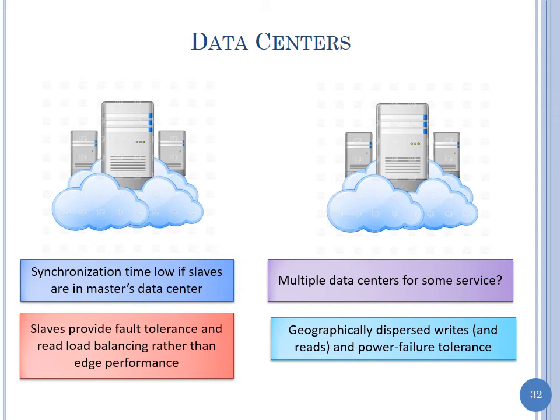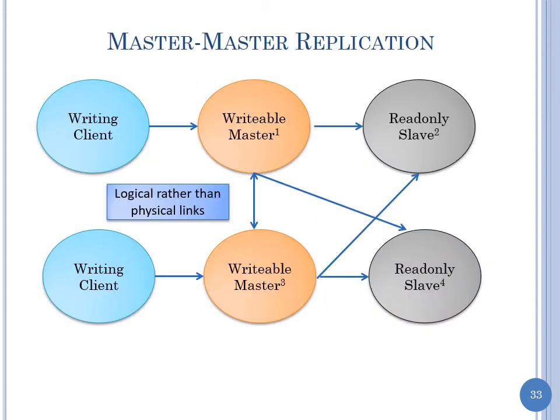And think of geographically dispersed writes, like I talked about, India, China, and the US. We can have multiple writable masters, and they can replicate the whole database, in which case we need some conflict resolution or avoidance scheme, or they can have partitioned data where each master is responsible for part of the data, and a client knows which master to contact based on what data it needs to access.